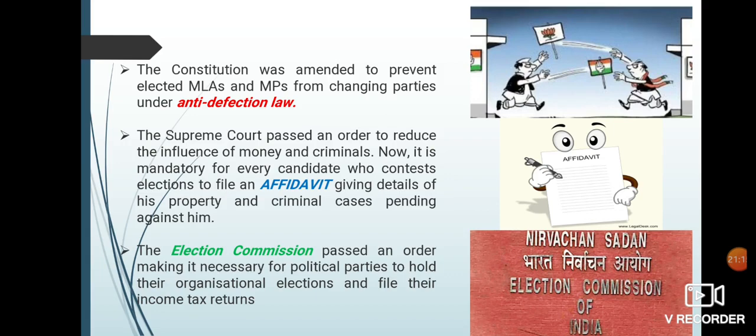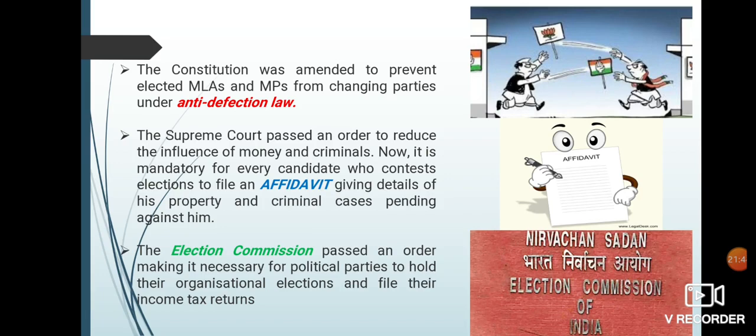The next is the affidavit. The Supreme Court has passed an order to reduce the influence of money and criminals. So for that, now it is mandatory for every candidate who contests elections to file an affidavit. In the affidavit, they have to give details of their property and criminal cases pending against them.